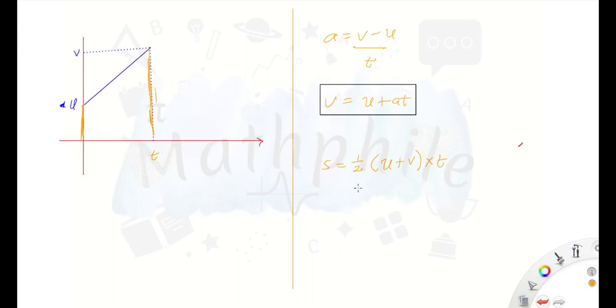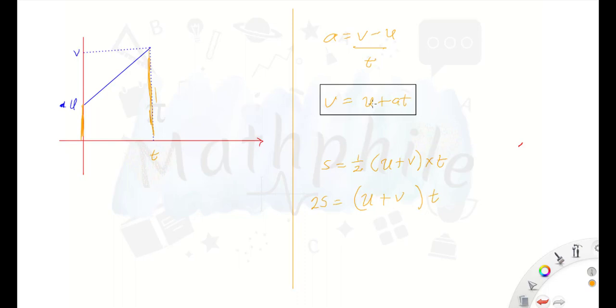First, let's look at s equal to... okay, 2s equal to (u plus v) t. Now at this point, from the first equation, we said v equals u plus at.